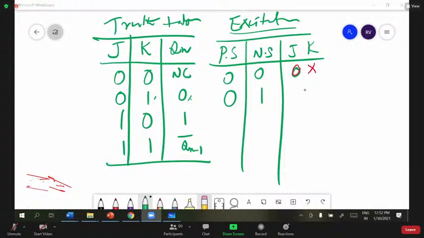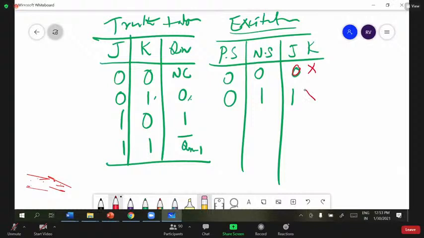When is this possible? When both inputs are 1 1, you know this, right? And even K equal to 0 with J equal to 1 is possible. That is the set condition, right? That's why we keep J as it is and give K as don't care.